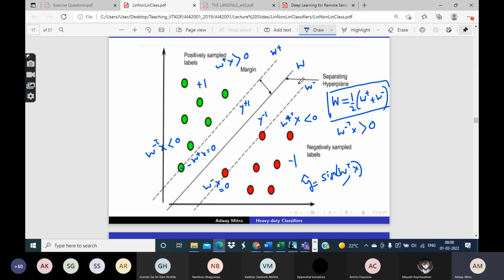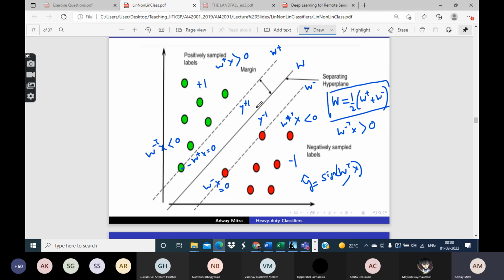And why do we want to maximize the margin? We understood that with the help of an example. If the margin is very small and there is a small change or perturbation in the measurements of any features, that corresponding data point will just shift a bit in the feature space.